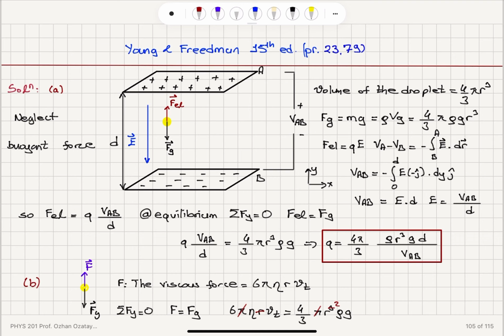But if this is inside a fluid with viscosity eta, we can include this viscous force as being proportional to r, and if we get rid of the electric field, this viscous force is going to be the dominant factor. So basically, if you have the same setup here in part A, the electric force is to be much greater than the viscous force so that it can be neglected in this calculation. But here, because we got rid of the electric field, the viscous force is the only force that remains, and therefore it's going to be determining the terminal speed of the oil droplet.